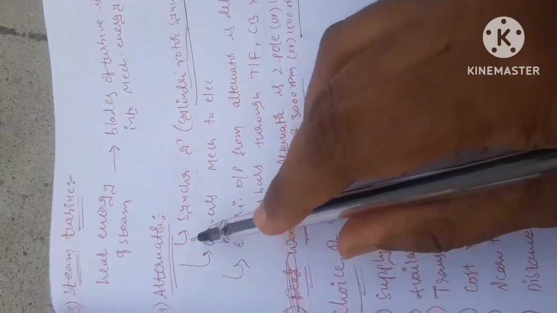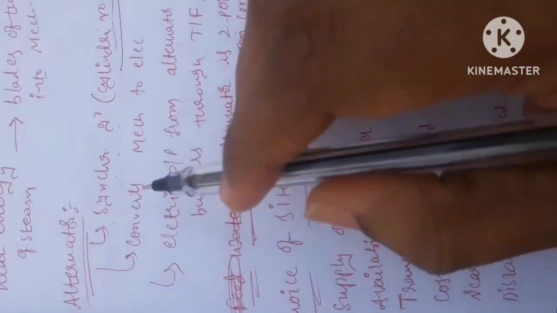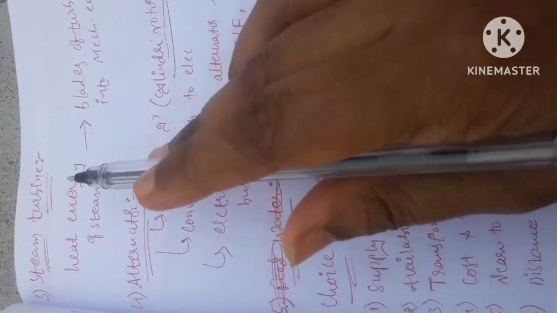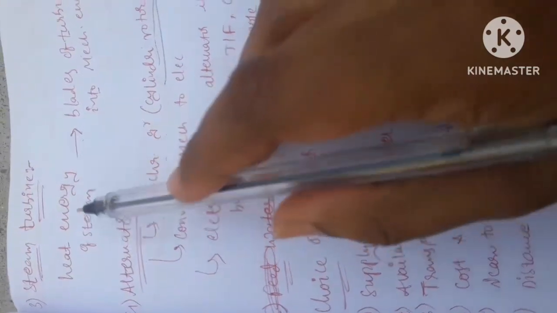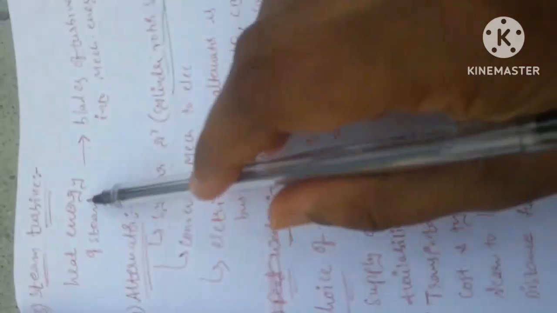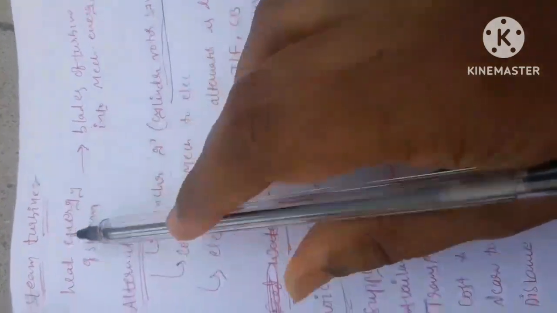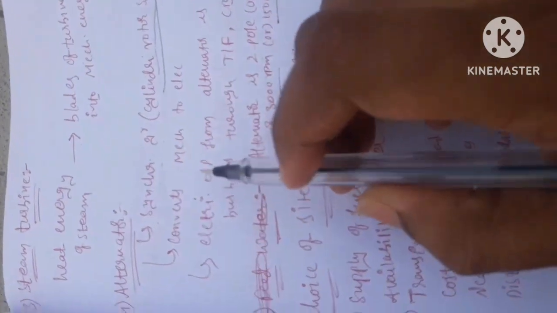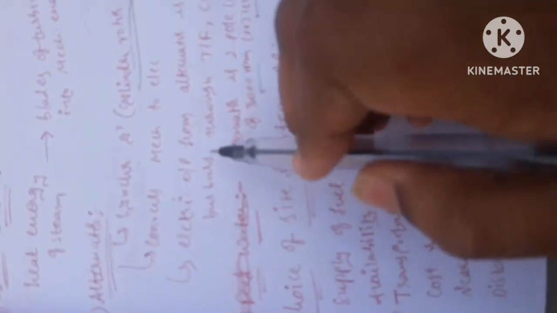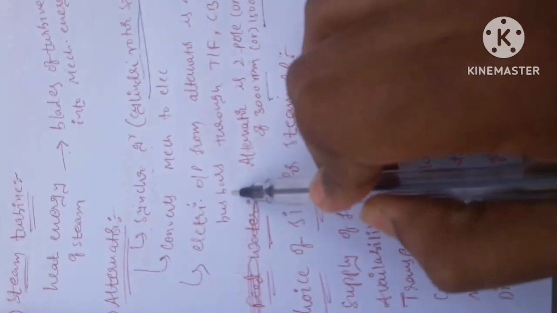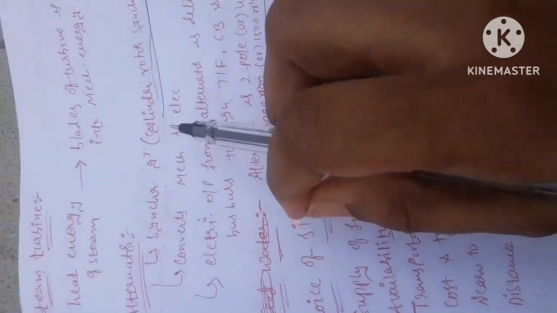What the alternator does is convert the mechanical energy that we got at the steam turbine into electrical energy.